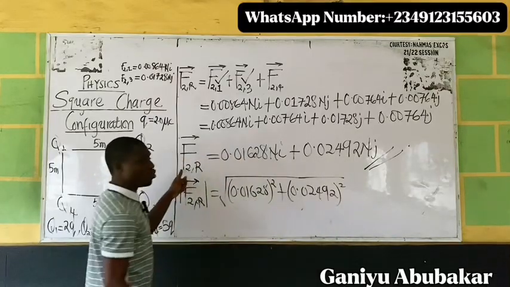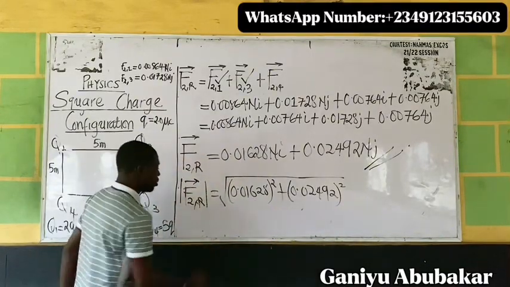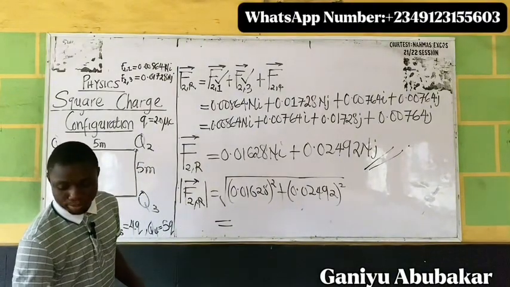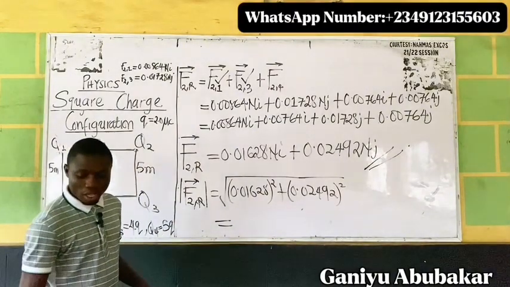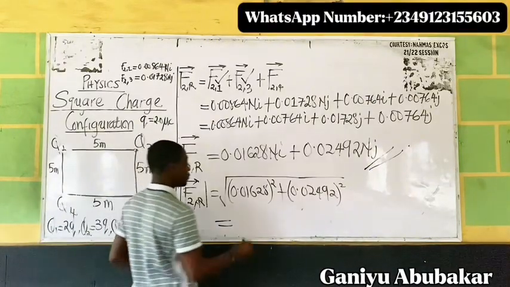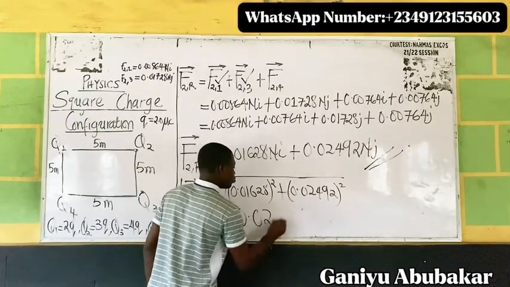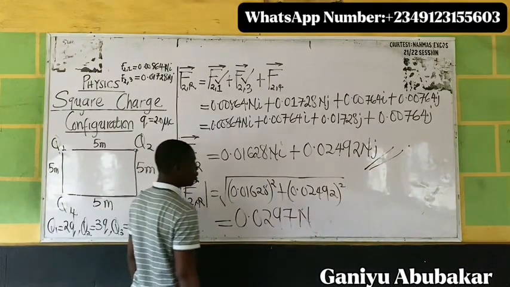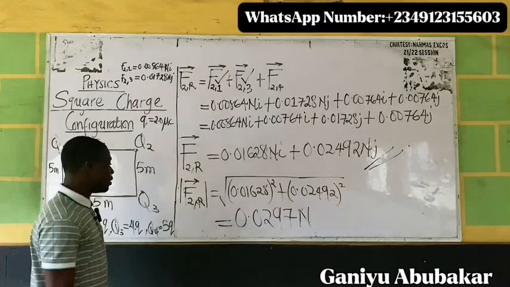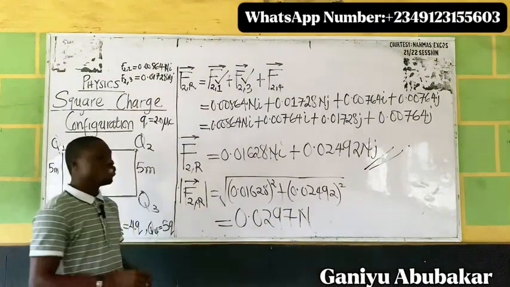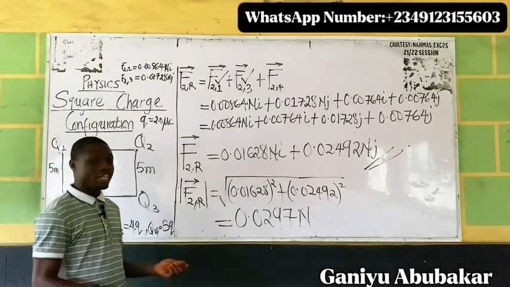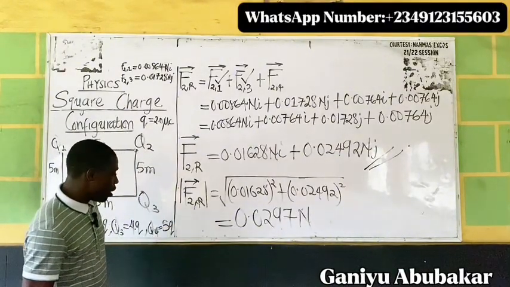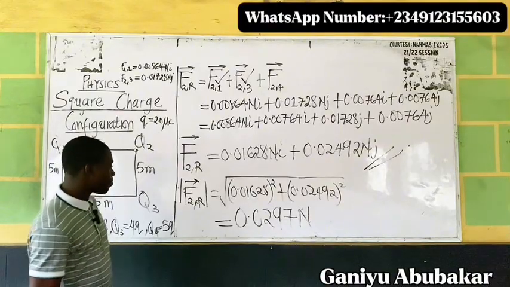We should have about 0.0297 Newton as the magnitude of the resultant force at charge Q2. This is the magnitude here, right? That's the concept.